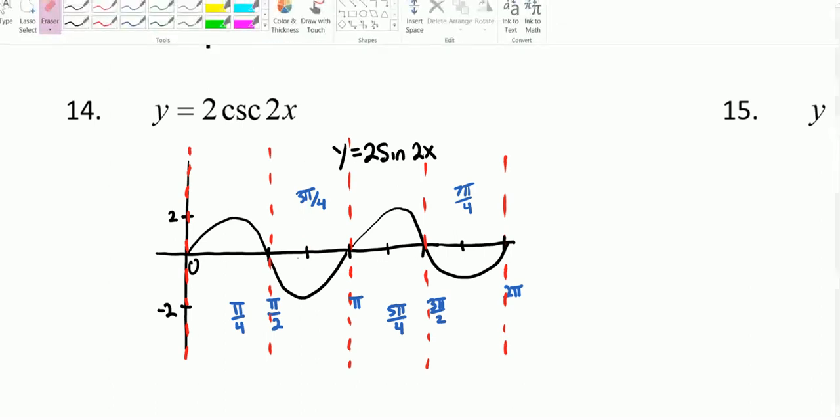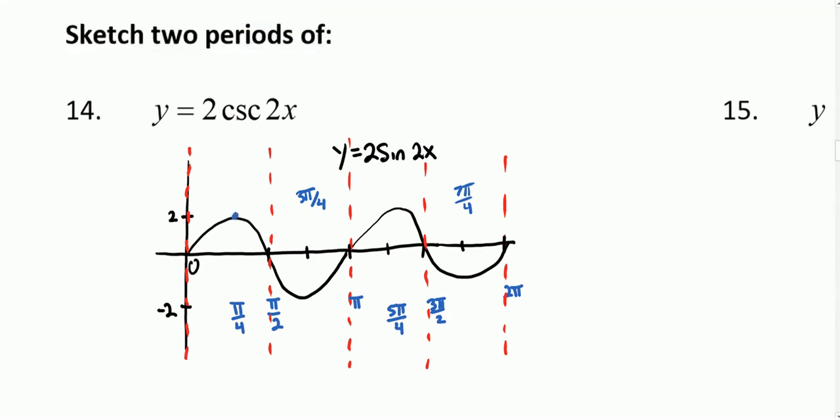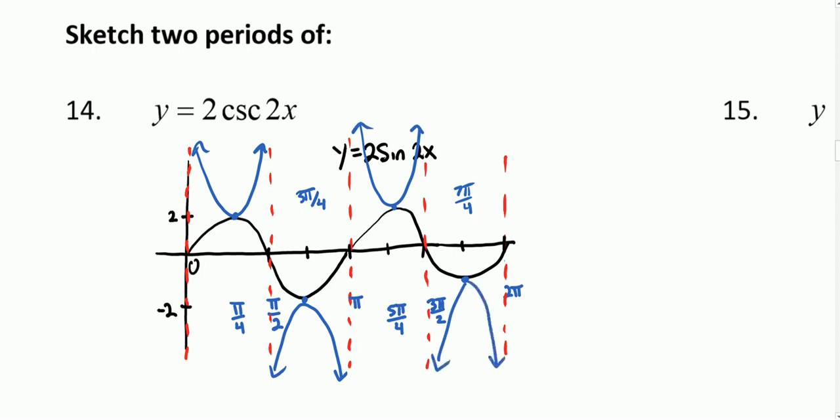And then draw the reciprocal. So we have a U shape here, a sad face here, smiley face here, sad face here, and then get rid of my sine function. And now we have our graph of 2 cosecant of 2x. There's 2 periods of it. We have all our critical x values that we need. We have our y values that we need. Everything's there.